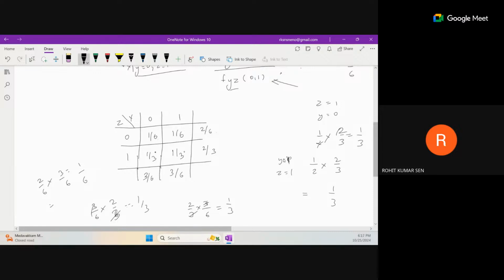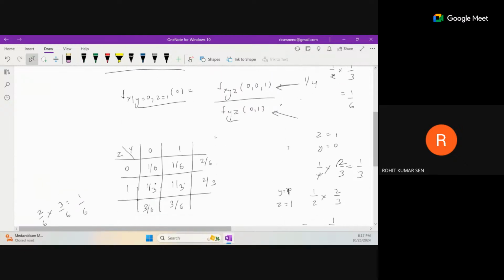Okay, so how can we write it? If they are independent, we can write fy0 into fz0, and also fy0 into fz1. Or we can take values from here also, it doesn't matter. So it is going to be 1 by 4.